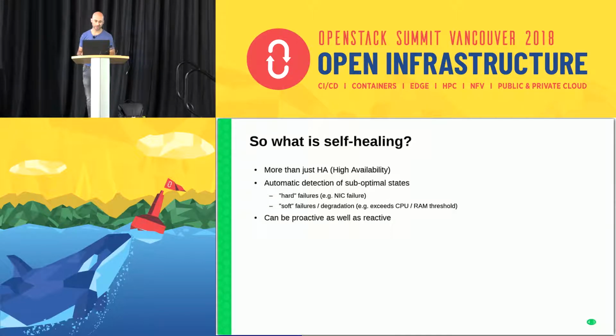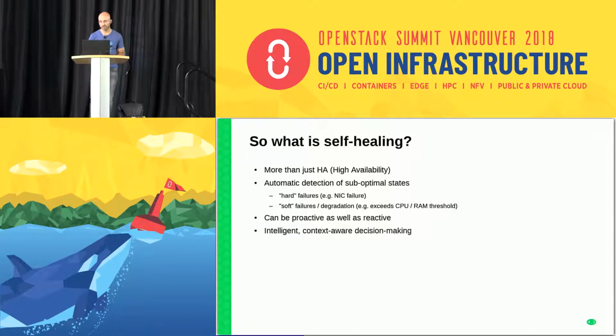So traditionally with HA, it's more of a reactive approach, but with self-healing we can be proactive as well. So if we can spot that something is becoming gradually more suboptimal, then we can try and take action and fix that before things go really badly wrong.